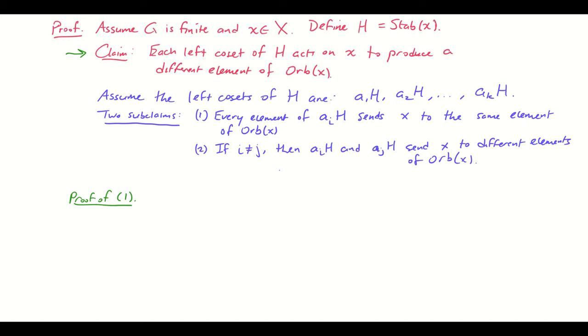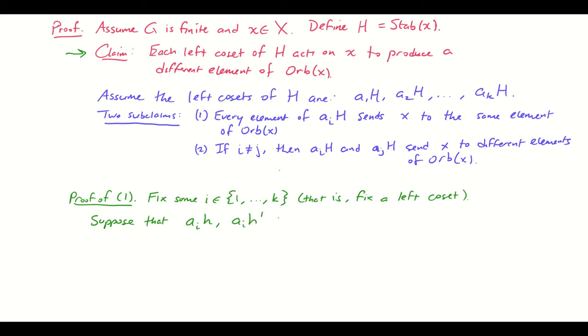All right, so let's fix an i so that we're fixing a coset. Some i in the set 1 through k. Fix a left coset. And let's suppose that a_i h and a_i h' are any two elements of that coset.